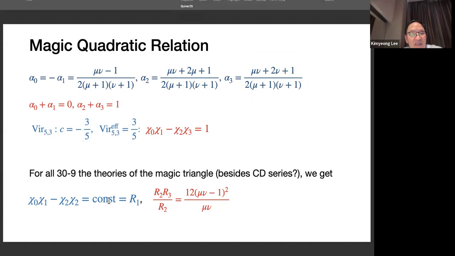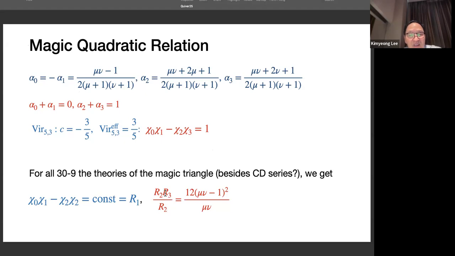generalizing these formulas. It's a constant, and it turns out it doesn't necessarily equal 1. It's related to R1, which is the leading coefficient of chi1, the dimensional representation of a chi1 primary operator. With these relations, we find a relation between 3 primary operator dimensions, R1, R2, R3.